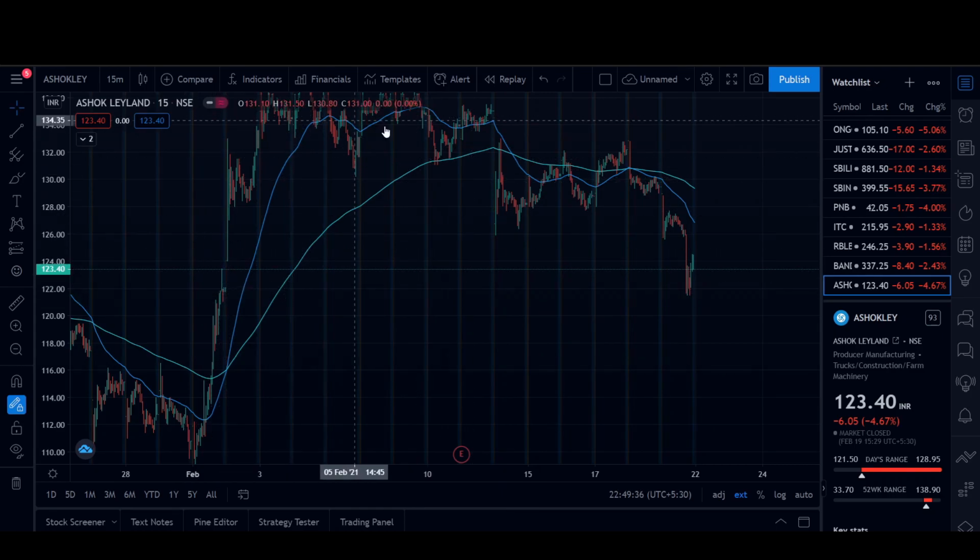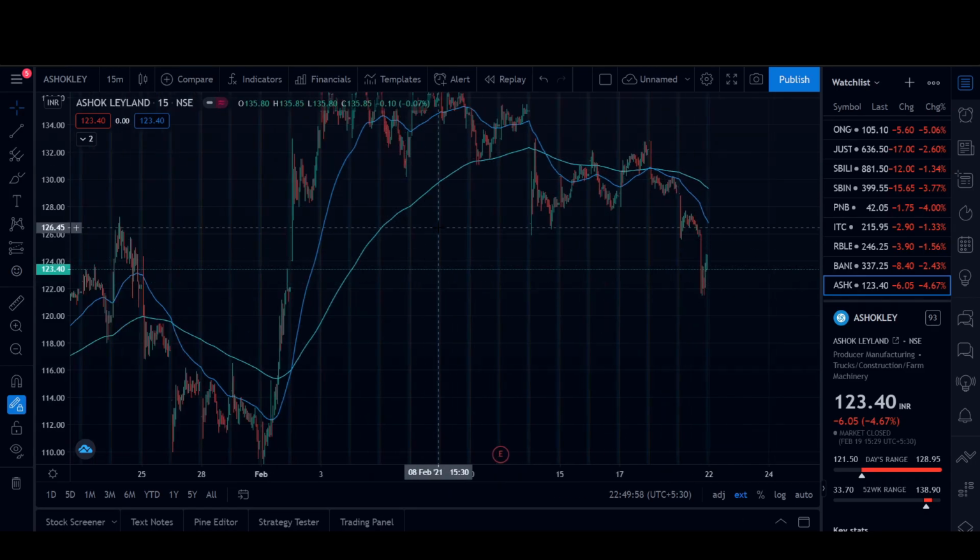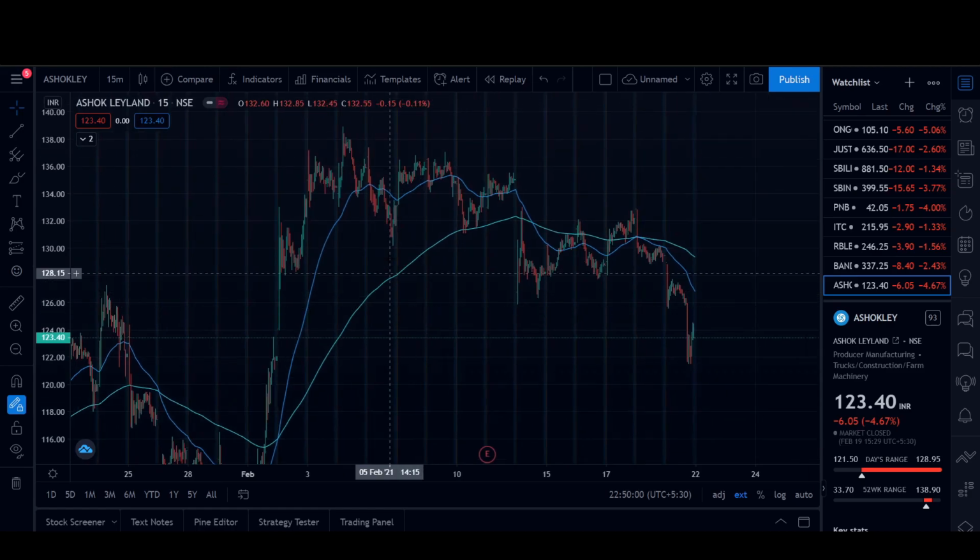The line which is more susceptible to price change is the smaller EMA, and the 200 EMA, the larger EMA, is always slower and smoother. It doesn't react to much of the price change. So which EMA is stronger?